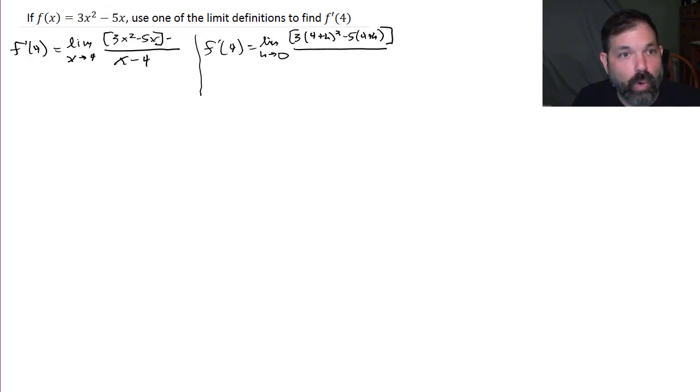And the numerator, f of 4 would be 3 times 4 squared, that's 3 times 16, that's 48. 48 minus 20, that's a minus 28. Sorry about that, I missed that. Minus 28 over h, and calculate that.